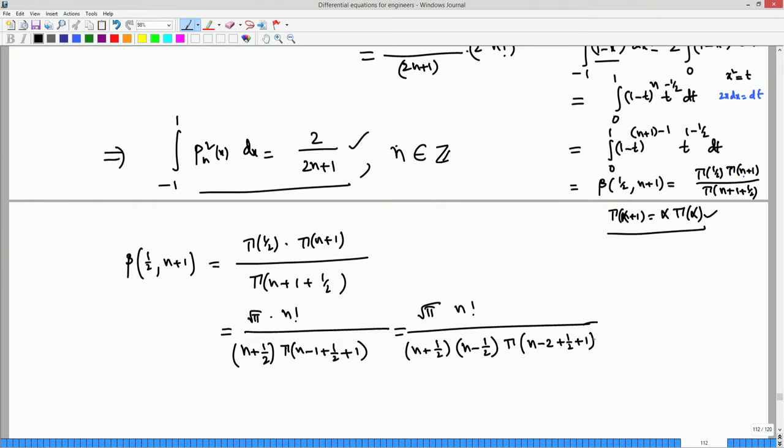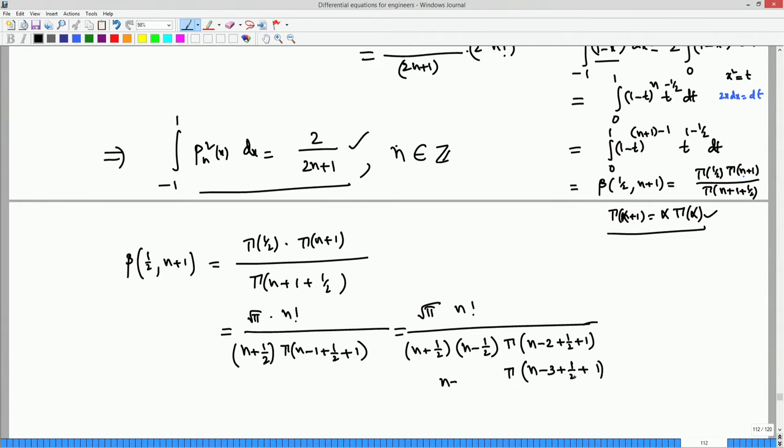Like that you go on, every time you do this. This is actually n minus half, and I am rewriting it as n minus 2 plus half plus 1. Next time when you write n minus 3 plus half plus 1, this is this into gamma of this, into whatever is here.